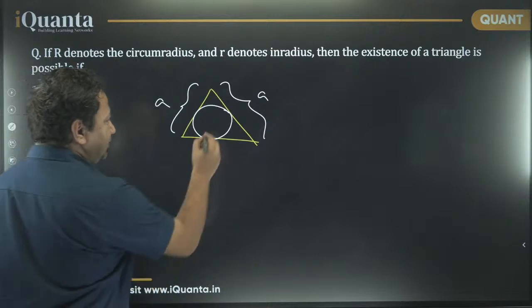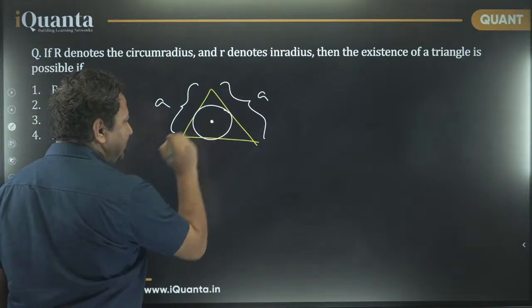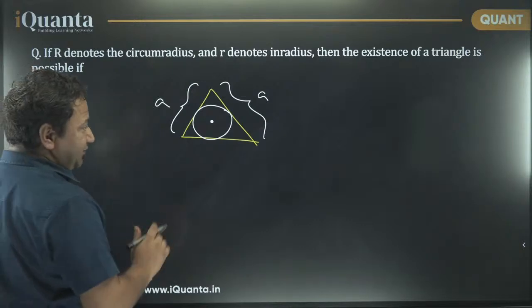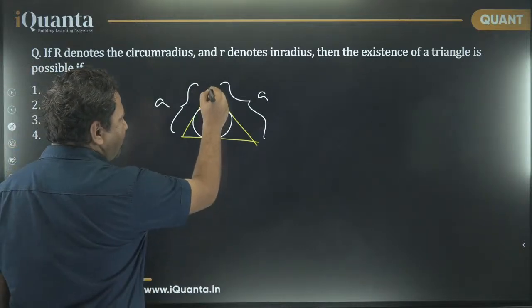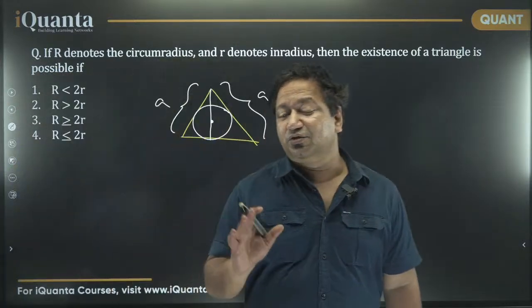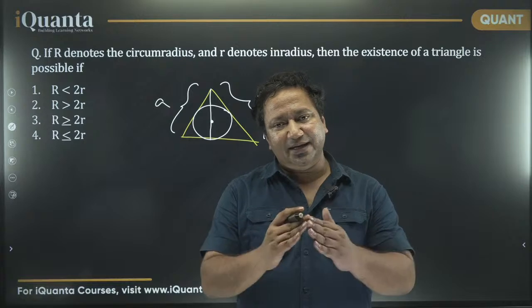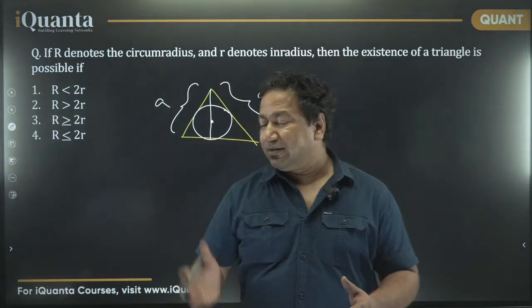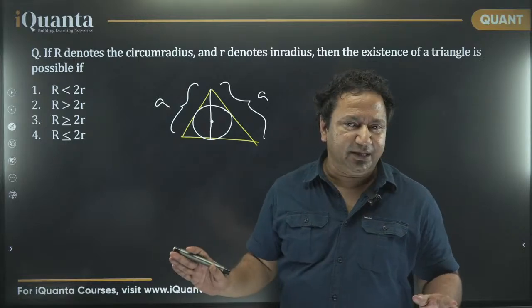So this is what we have as the incenter. I want to calculate the value of inradius. By the way, if I drop a perpendicular like this, all of us know one thing, that for an equilateral triangle, the perpendicular bisector, the angular bisector, the median, all are same. Yes or no? We know that, right?